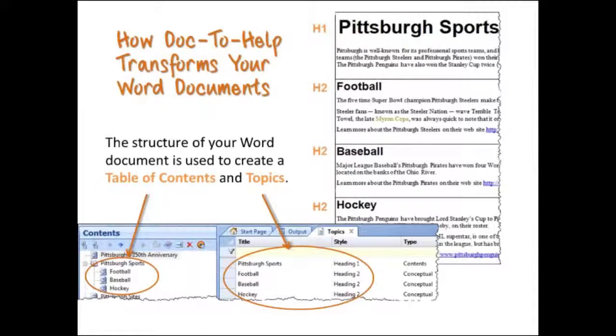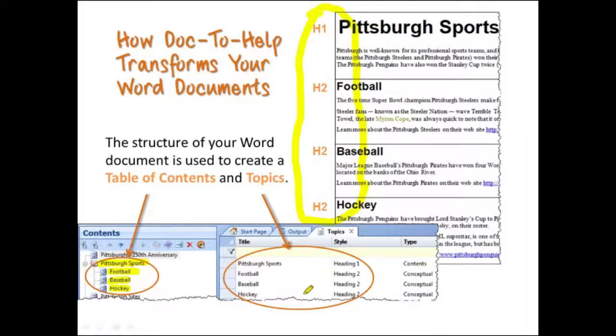Now, I do have a visual of how this transformation works. Here's a typical Word document from one of our samples. It's about Pittsburgh Sports. Pittsburgh Sports is a Heading 1, and football, baseball, and hockey are Heading 2s. So when Doc2Help breaks this up into topics, the table of contents is logically broken into Pittsburgh Sports as a book with football, baseball, hockey underneath.